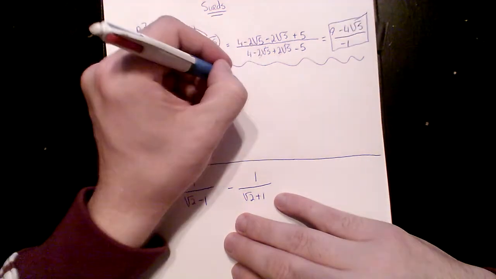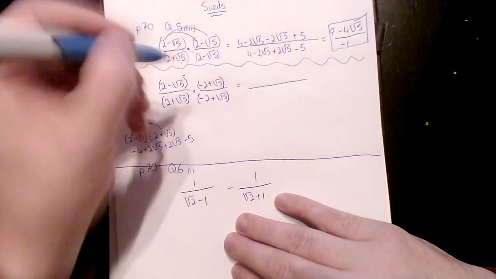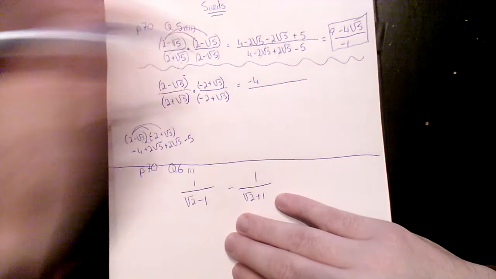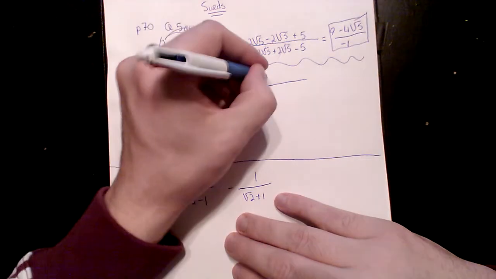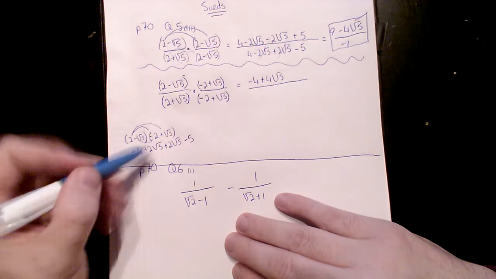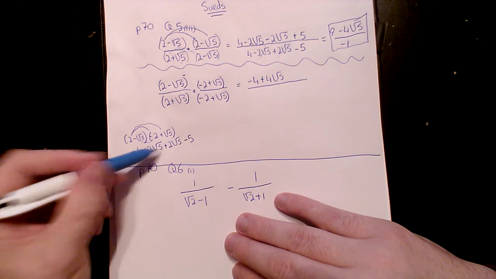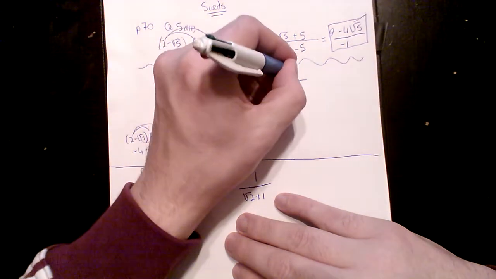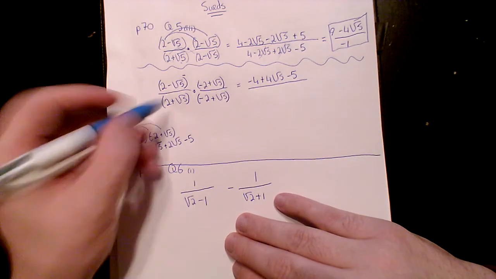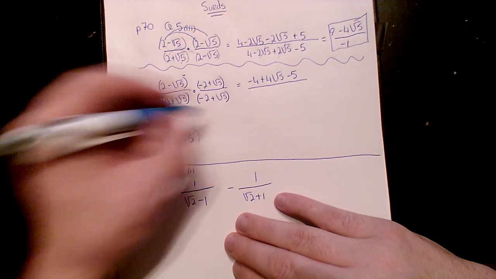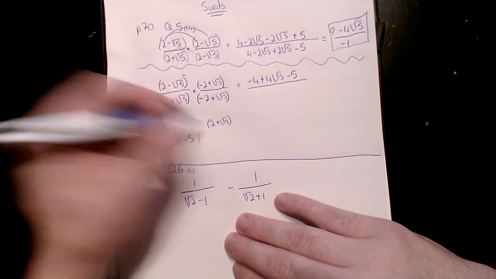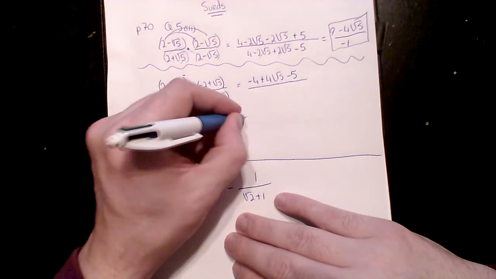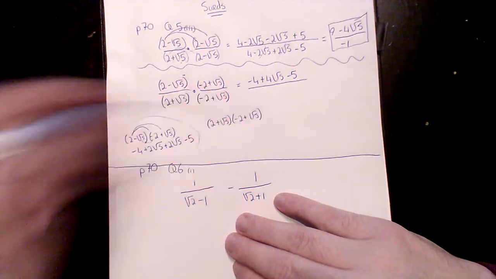Okay, so that would be our top done out, which is minus 4 plus 4 root 5, because we have the 2 root 5 plus 2 root 5, minus 5. Now the bottom, so 2 plus root 5 by minus 2 plus root 5.